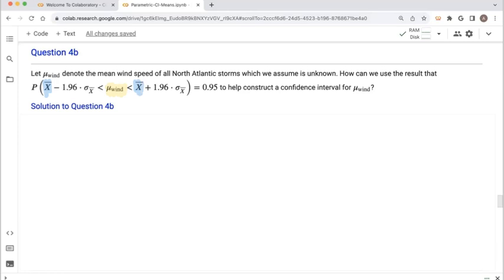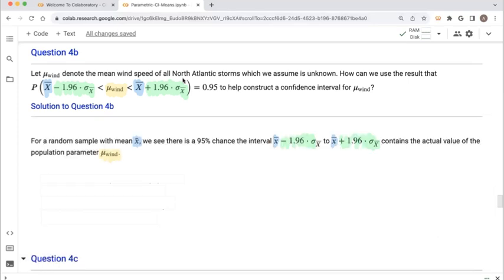And if I go 1.96 times the standard error below that sample mean, up to 1.96 times the standard error above that sample mean, this interval is going to have a 95% chance of capturing the population parameter mu sub wind.